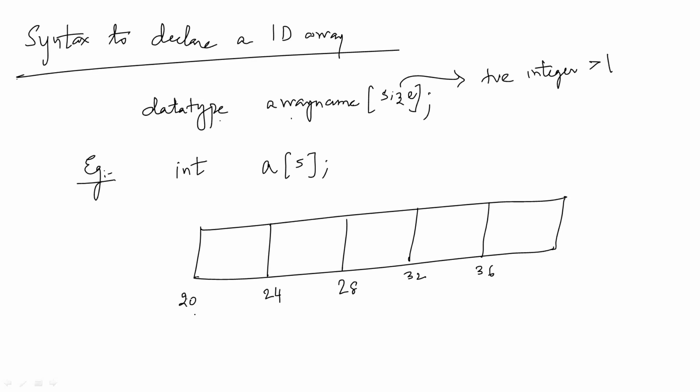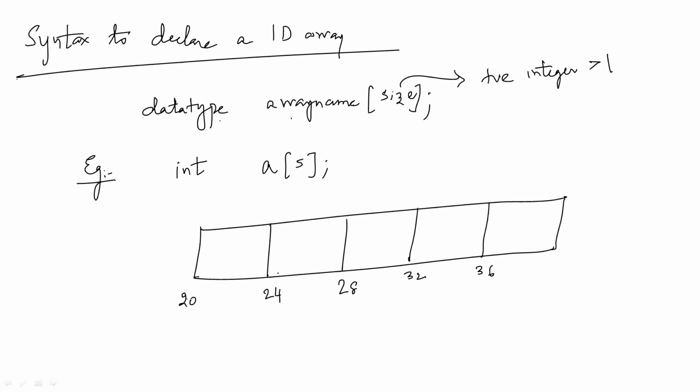Now see, sir, the first value is stored from 20 to 23, second value 24 to 27, third value 28 to 31, fourth value 32 to 35, fifth value 36 to 39. So 20 bytes of continuous memory are allocated.